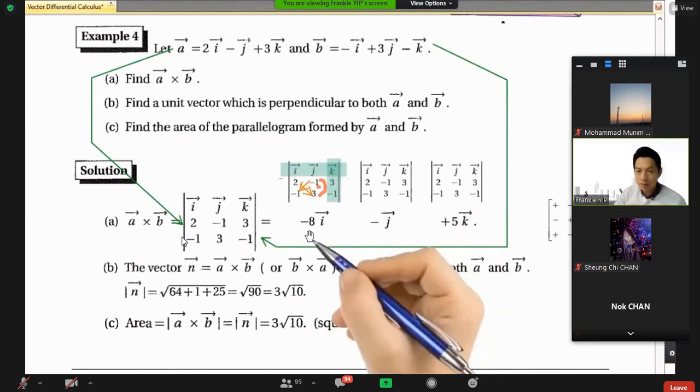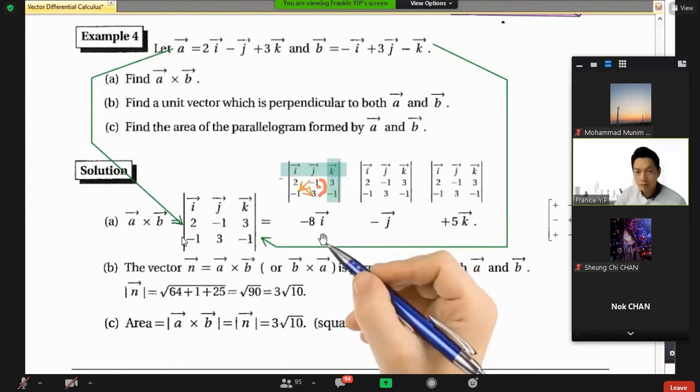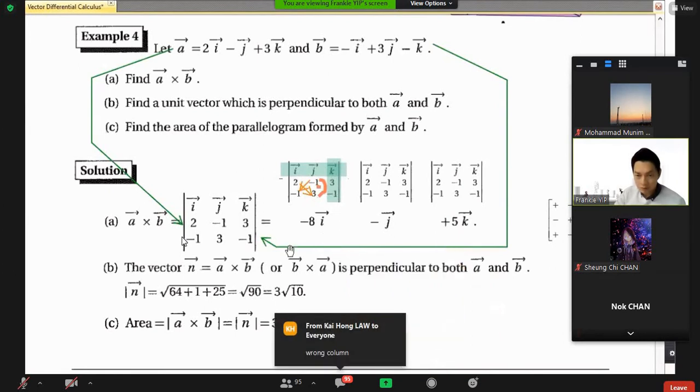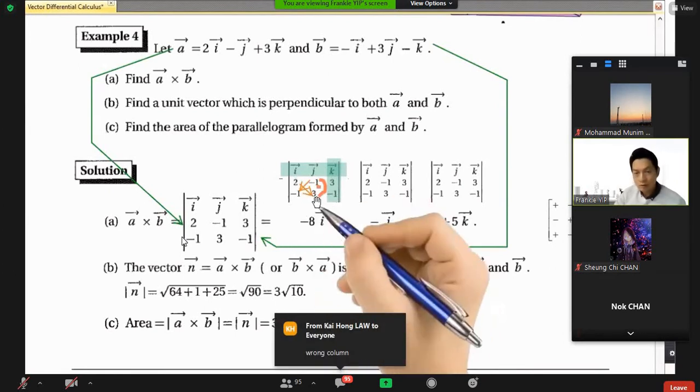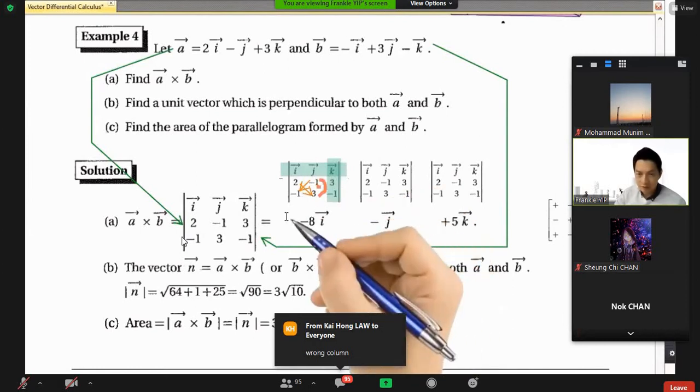Okay, so it becomes 6 minus 1, so it should be 5. So it should be 5 here.